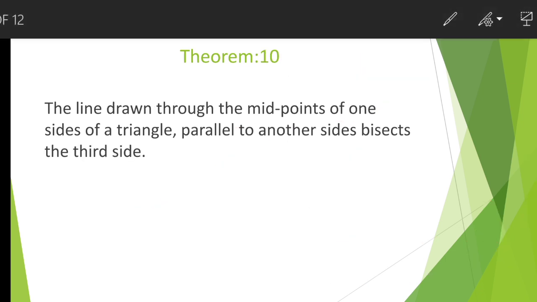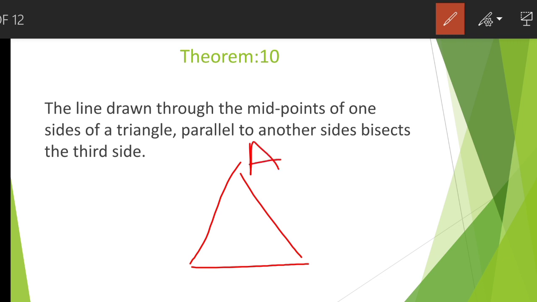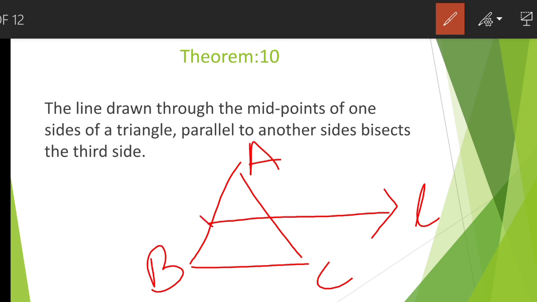Now the last theorem of this chapter, theorem 10. The line drawn through the midpoint of one side of a triangle parallel to another side bisects the third side. We draw a triangle ABC. A line L is drawn through the midpoint E, and it is parallel to BC.